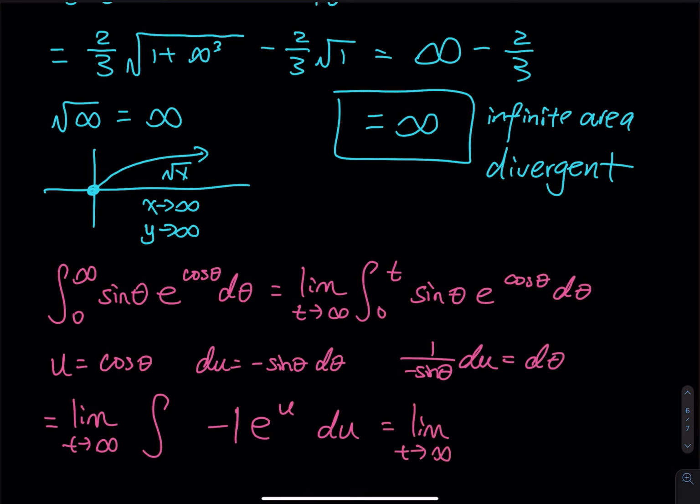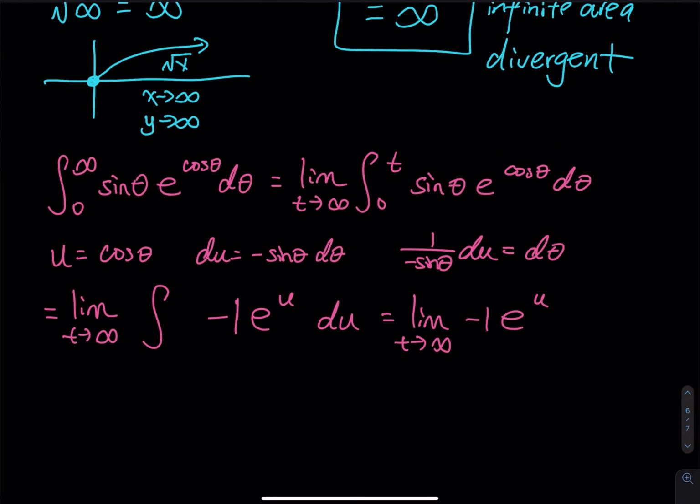And then I don't want to write an extra line. If you do want to write an extra line, let's just do it this time because we didn't do this for the last two problems. So the extra line, we will just have limit as t approaches infinity, negative 1 e to the cosine theta, such that theta goes from 0 to t. One thing that I really don't like is that there is no upper and lower limit right here.